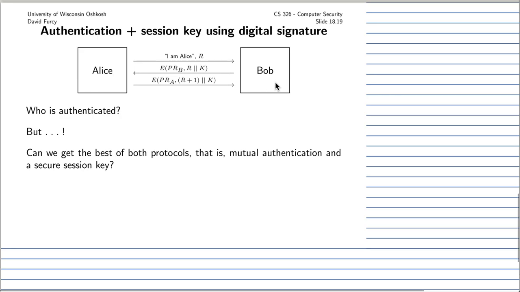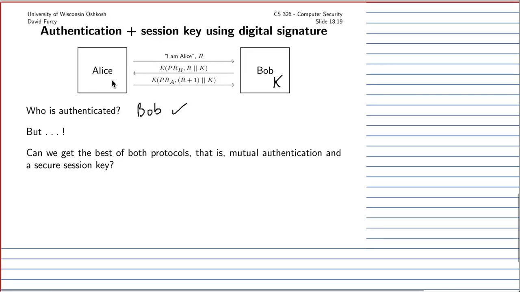Now Bob will generate a random key concatenated to the challenge that Alice sent him, and then he's going to encrypt the resulting string using his own private key. So therefore, Bob is signing this message. So Alice definitely knows that this message comes from Bob because it was signed with his private key.